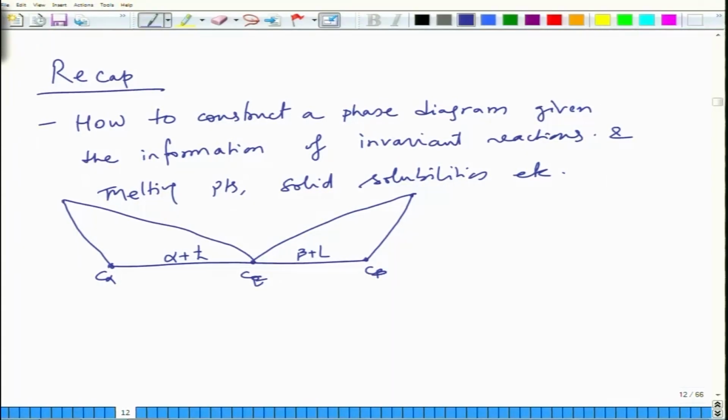So you can construct the phase diagram, and then you construct the solvus line with respect to the solid solubility in the solid phase, and that is how you construct a phase diagram. And phase diagrams can be generally complex, so it is not that you will have only a eutectic phase diagram, or part of the phase diagram can be eutectic, part of it can be peritectic. You can have a eutectoid reaction in the solid state, just like in the iron carbon steel diagram.